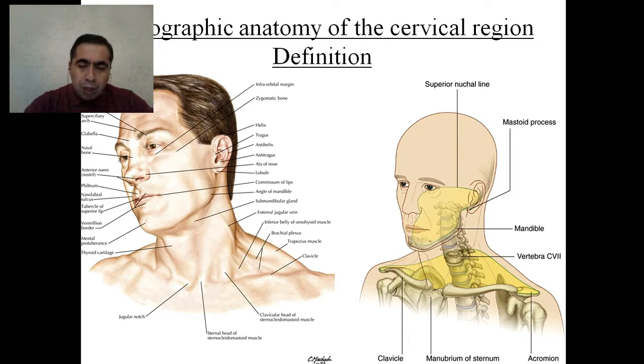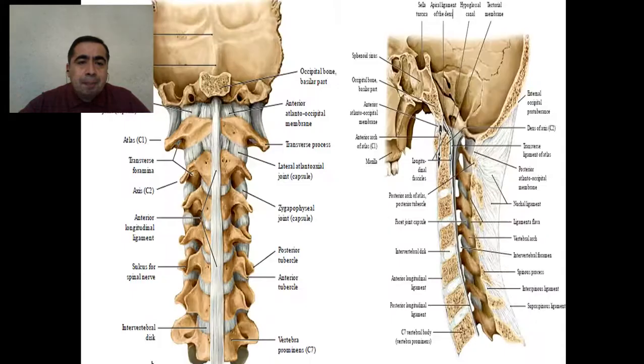Using a plane like this has very important reasons, because the cervical fascia, especially the proper fascia of the neck and the deeper layer of the cervical fascia, the prevertebral layer, attach to the transverse processes of the cervical vertebrae.